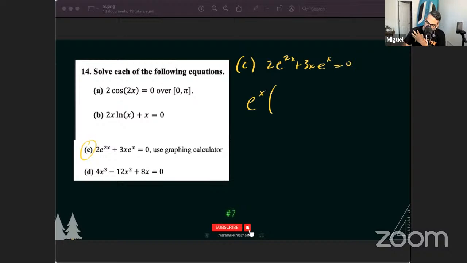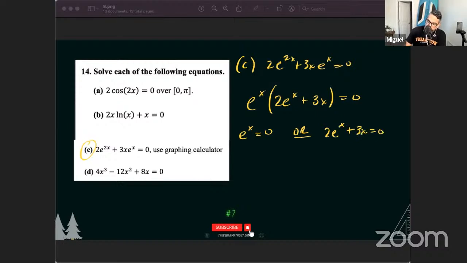It's going to give us e to the x times 2e to the x plus 3x is equal to 0. Okay, not bad. So two things being multiplied together that make it equal to 0. So the first one could be e to the x equals 0, or 2e to the x plus 3x is equal to 0.